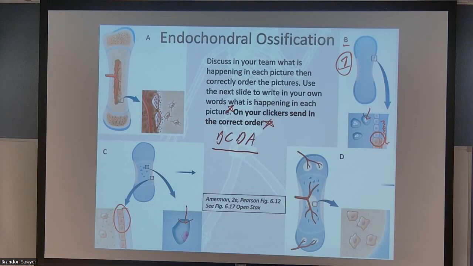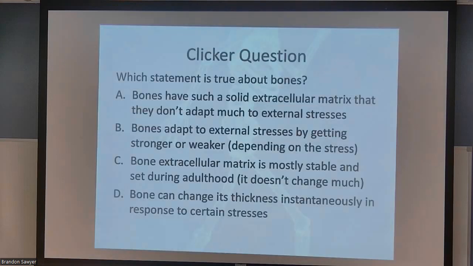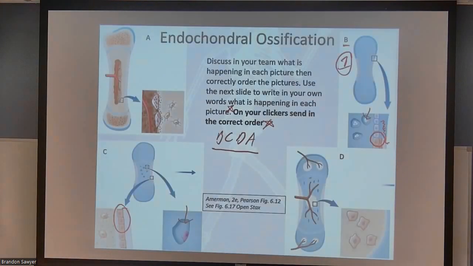So it's still in that little lacuna, that little hole, but the cell itself has shrunken and gone away because it doesn't have connection to the nutrients anymore. So we're going to start having a bunch of holes like that inside of the diaphysis of the bone.